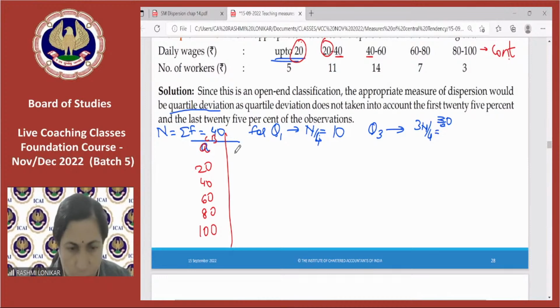Then I find out what the frequencies are. Less than 20, the frequency. First I write down the frequencies and then I will write down the cumulative frequencies. So how much do I have? 5, 11, 14, 7 and 3.